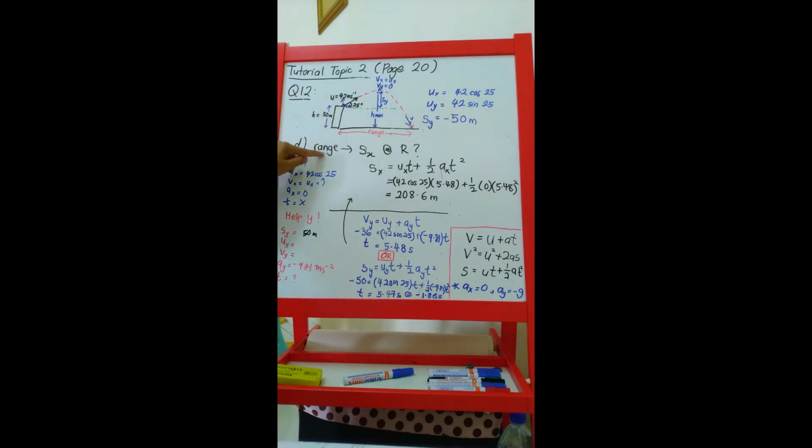Since it asks for range, meaning from the start to the end, the time also needs to synchronize with that. So the time needs to be from here to there. So if you choose S equals 50, then you are on the right track.